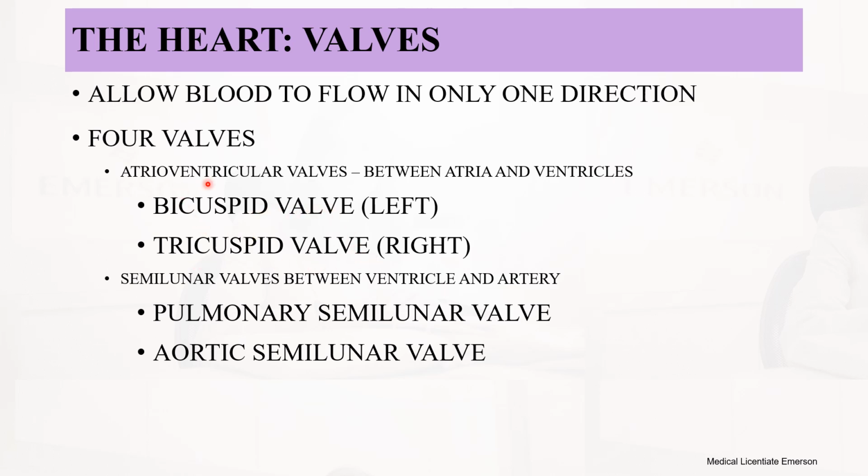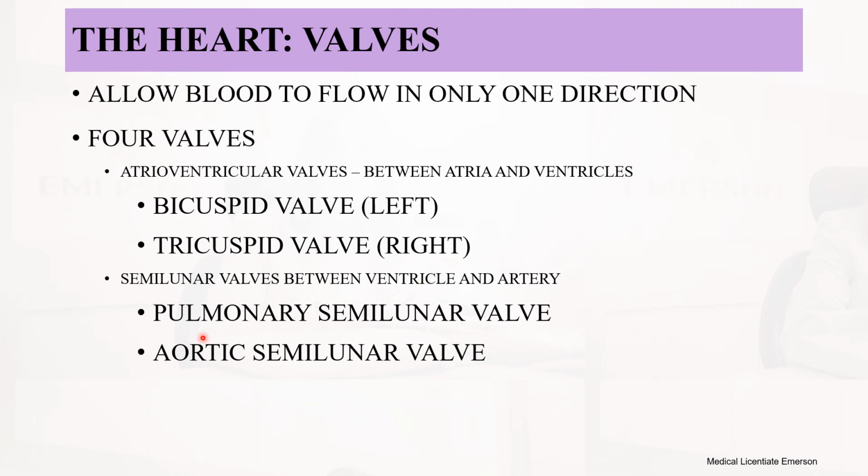These are atrioventricular valves. Then we have the semilunar valves, which are found between the ventricles and the arteries. We have the pulmonary semilunar valve and the aortic semilunar valve. So we are saying there are four valves, but the four valves can be classified into two: the atrioventricular valves, which are two, and the semilunar valves, which are also two. Okay, hope we have gotten something from there.